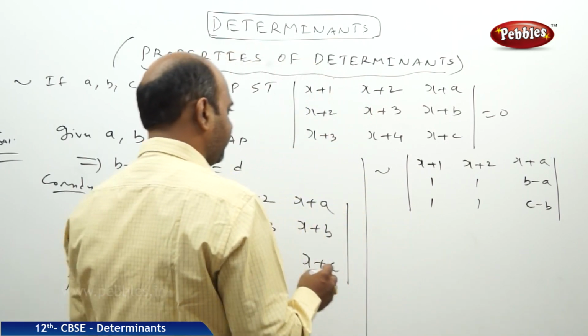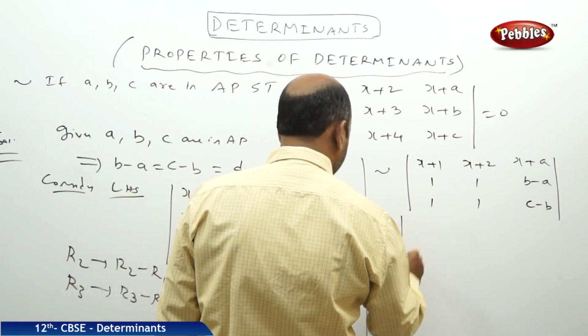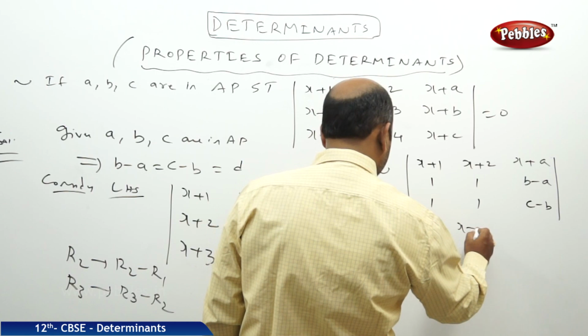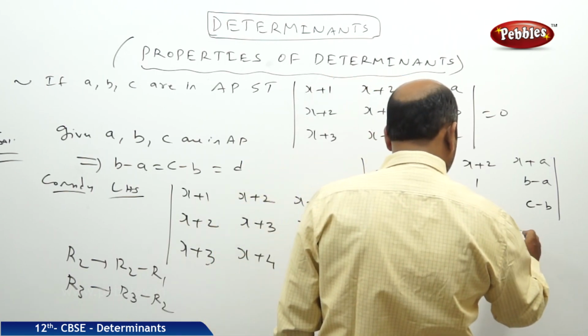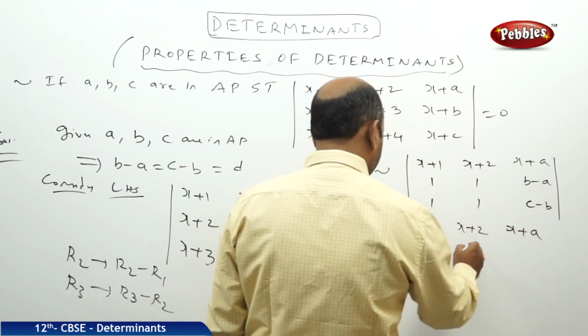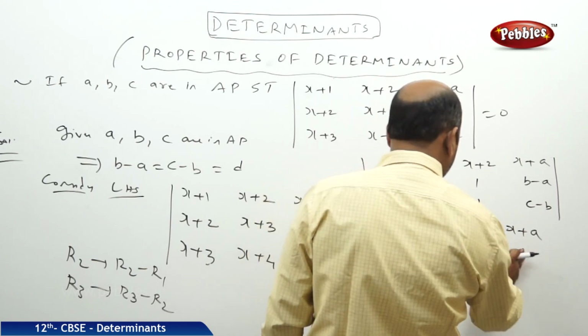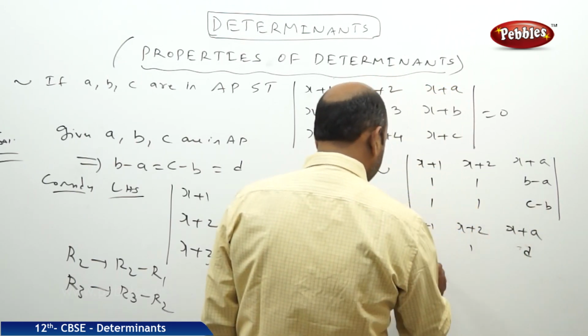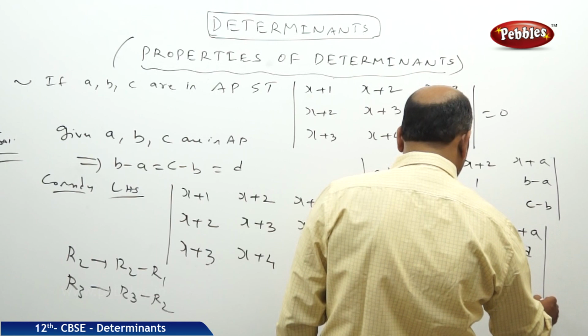Now if you observe carefully, we have x plus 1, x plus 2, x plus a, then 1, 1, D, and 1, 1, D.